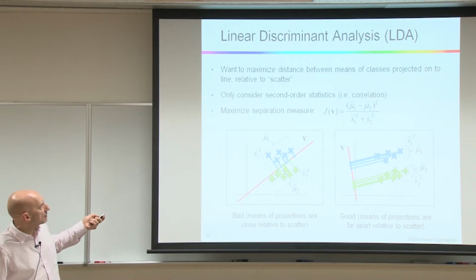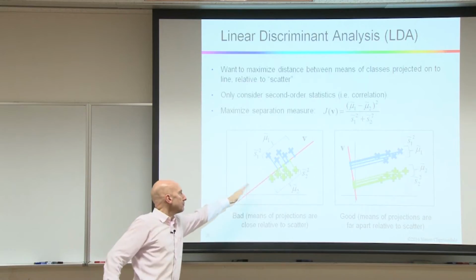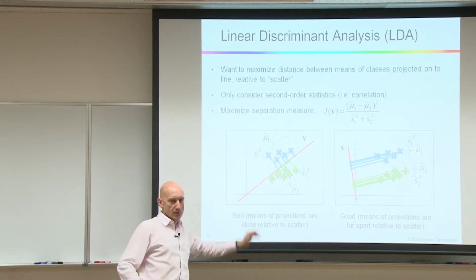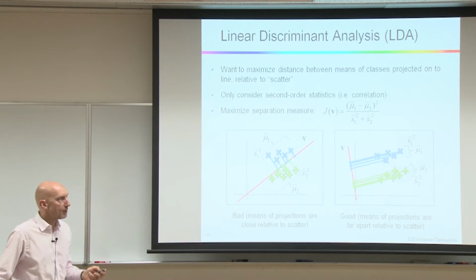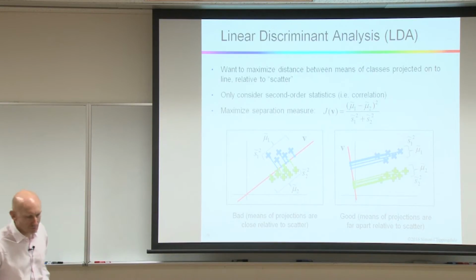So what it does is it attempts to maximize this thing, which is called a Rayleigh quotient, as V varies. If you imagine this vector rotating around the origin, you're trying to find the value of V for which this thing is maximum.